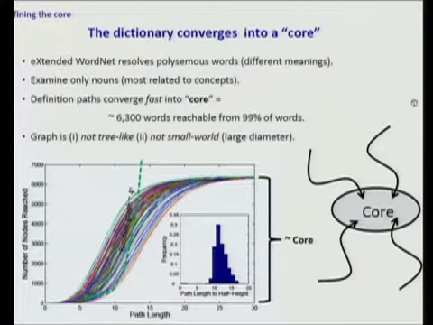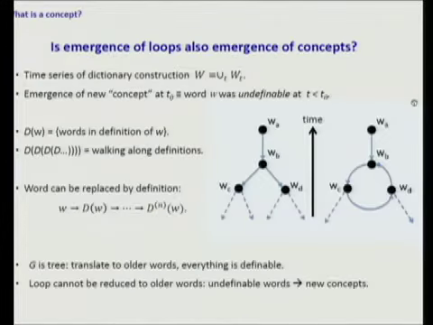Are you separating out the different meanings? I mean, many nouns have several different meanings, and if a new meaning comes along, you would keep the same noun, but you'd add new vertices for this new meaning. How would you? Yes, this is exactly why we use this version of the extended WordNet, because it discerns between the meanings of the word.